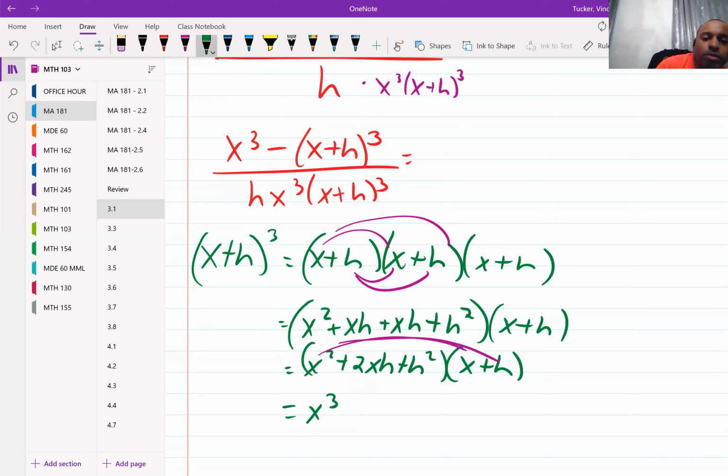So it'd be x cubed plus x squared h, 2x squared h plus 2x h squared, x squared h plus h cubed.